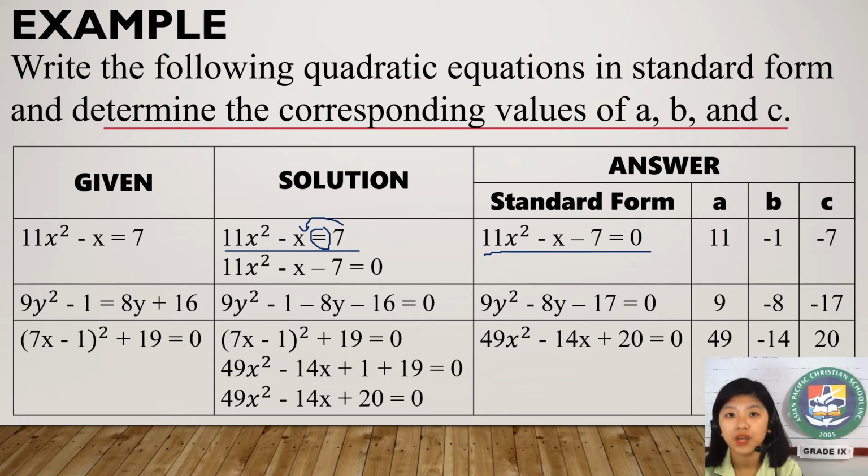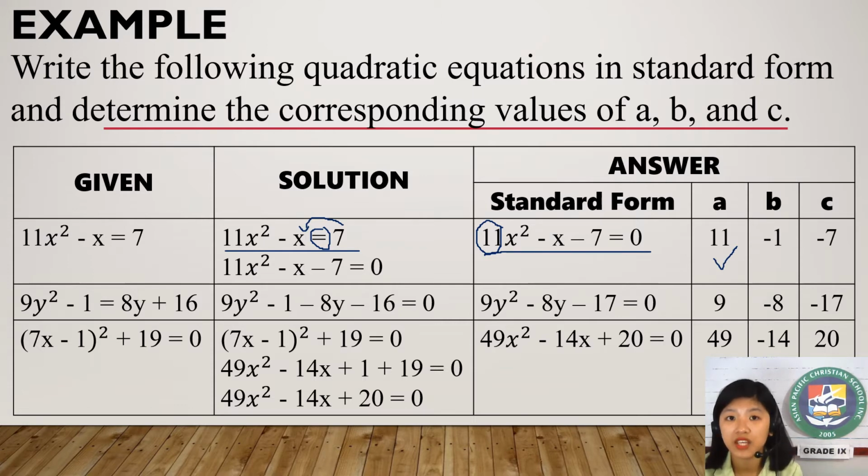So, yung ating values of a, b, and c, paano nakuha? So, yung first term natin, which is yung ax squared, kung ano kasama ng x squared, siya ang magiging value ng a. So, dito sa ating example, we have 11x squared. So, anong kasama ng x squared? We have 11. Kaya, ang value ni a ay 11.